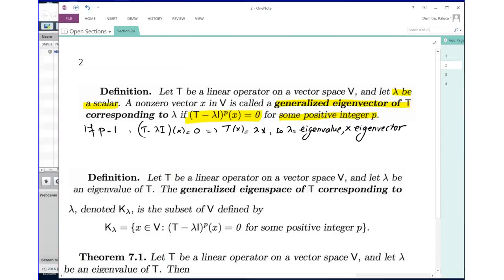corresponding to lambda. But p doesn't have to be 1, right? Because it says in the definition above, for some positive integer p. If p is greater than 1, so that means it's at least 2, I can write something like this.